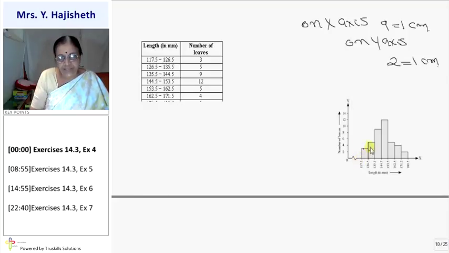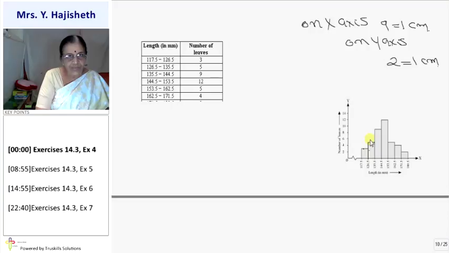Then the second frequency is 5, so I will take the height between 4 and 5, in between 4 and 5 there are 2 points. I draw a rectangle of height 2.5 centimeter and width 1 centimeter. That way I continue the graph. These are adjacent rectangles, like this, and that completes the graph. Now the answer for the following question.